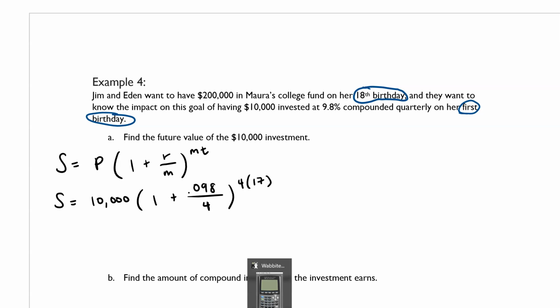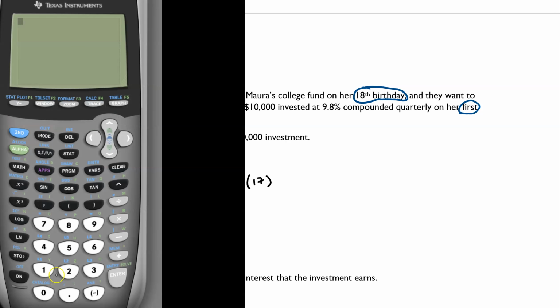So let's see, how do we plug that into our calculator? So we have a starting value of 10,000 times 1 plus the fraction 0.098 divided by 4. So we want to use 2 parentheses there. And then our exponent is 4 times 17.